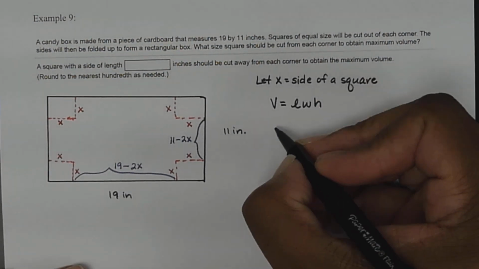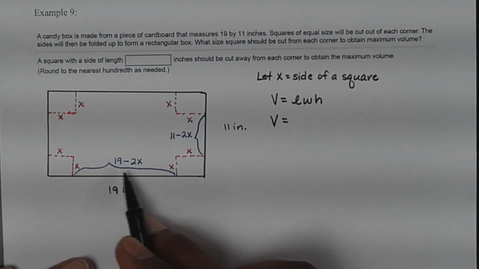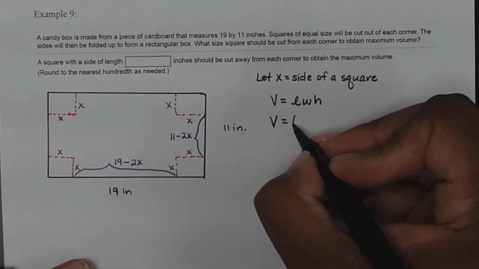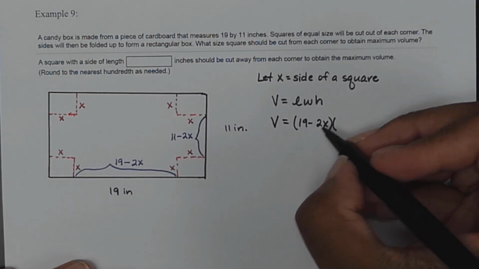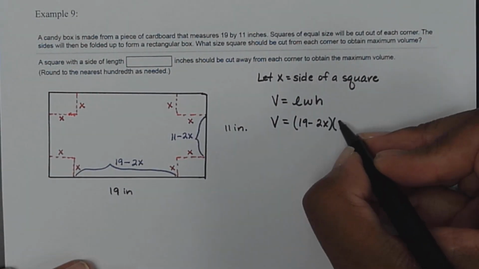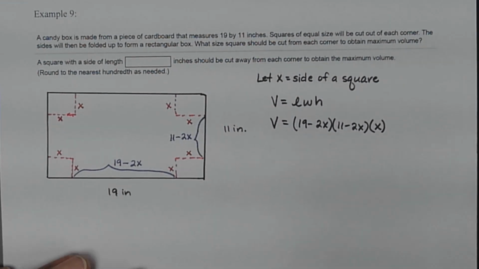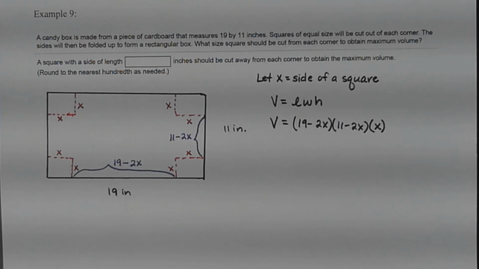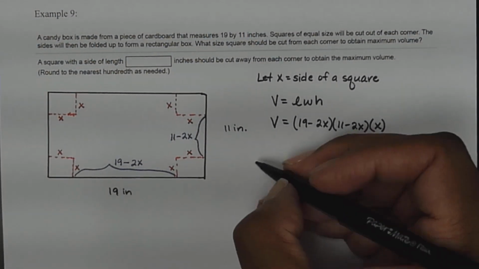So in this case, the volume in terms of X would be the length, which is now 19 minus 2X, times the width, which is now 11 minus 2X, times the height, which is just X. When you fold that box up, that height would just have a length of X. Now we need to multiply this out. These first two terms, I'm going to use the FOIL method.